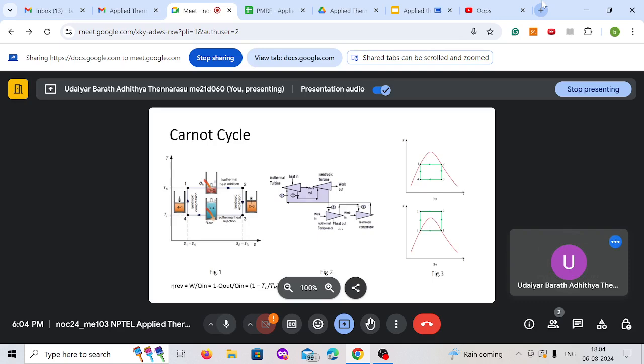For it to remain at constant temperature, it has to constantly gain or reject heat. In an expansion process it has to gain heat, and in a compression process it has to reject heat. So it has to do both simultaneously. This is difficult to achieve for an isothermal process.